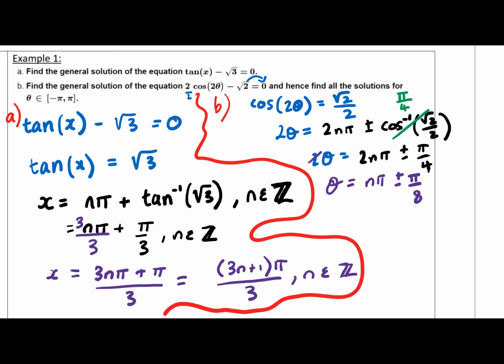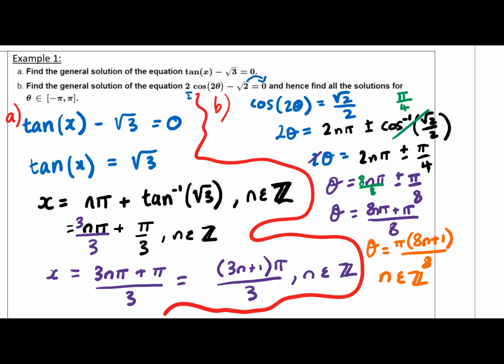In order to get this all under one denominator, to simplify it, well, this had to be 8 over 8, because I had to make this fraction 8n pi over 8. And if I take pi out as a common factor, I find theta is equal to pi outside of (8n plus 1) over 8, and I know n is an element of Z.